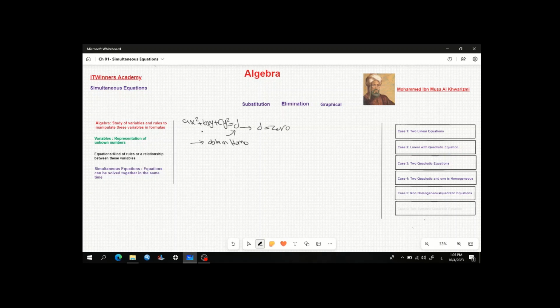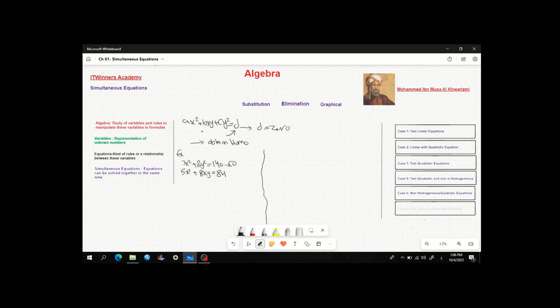In this example here, 3x squared plus 8y squared equal to 140, and 5x squared plus 8xy equal to 84.